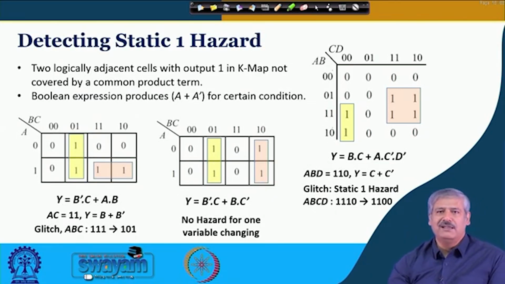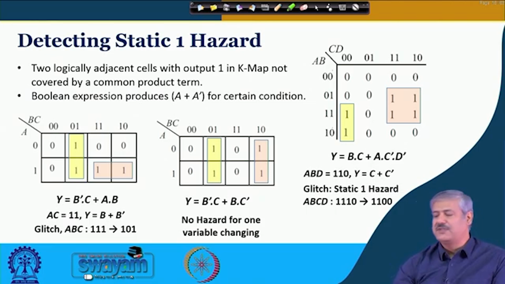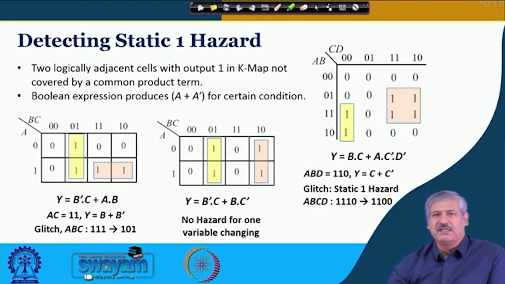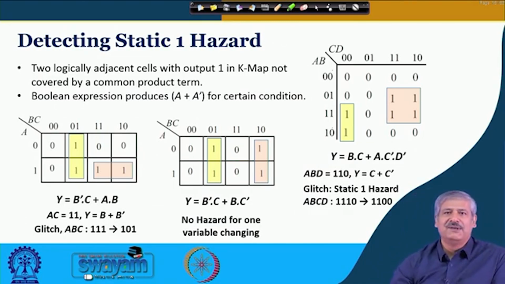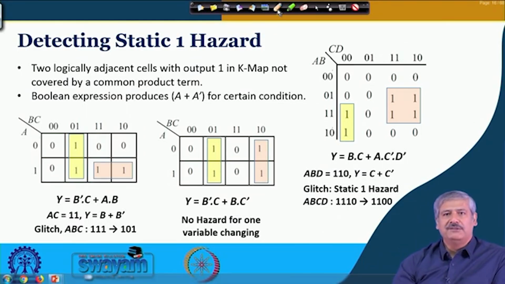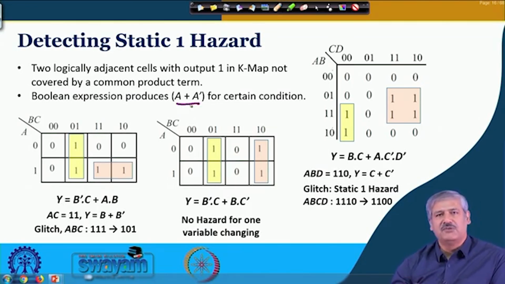Now, how can we detect a static 1 hazard? Is there any rule for that? Yes, there is a method by which we can detect a static 1 hazard, and later on we shall see how we can cover those hazards and make the circuit hazard free. For that, we have already noted the Boolean expression finally reduces to something like A plus A prime for a certain specific condition of the input.